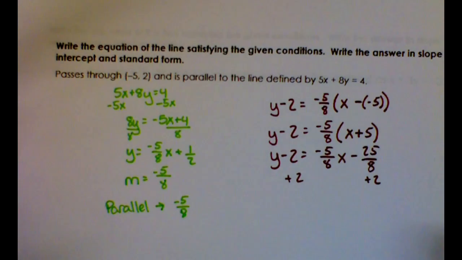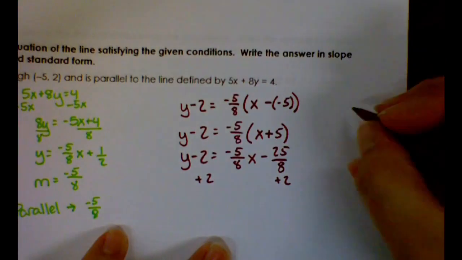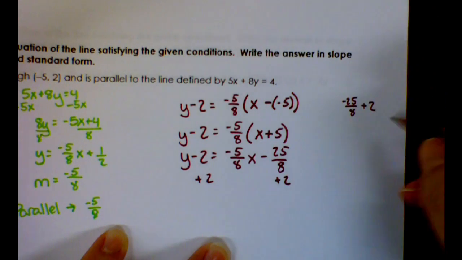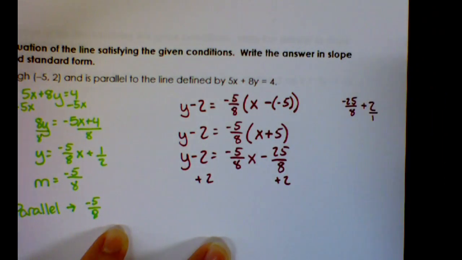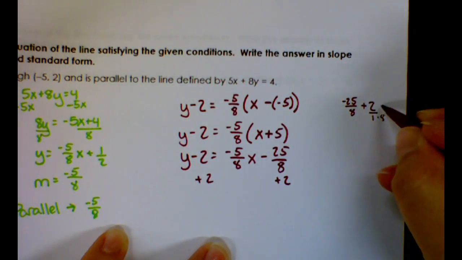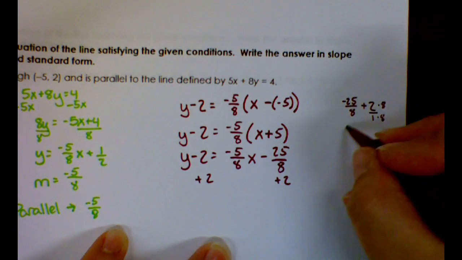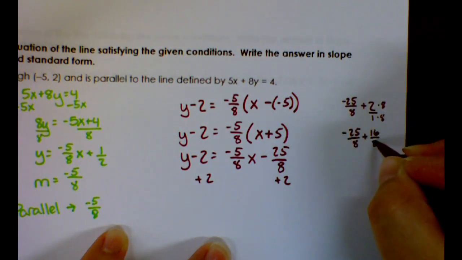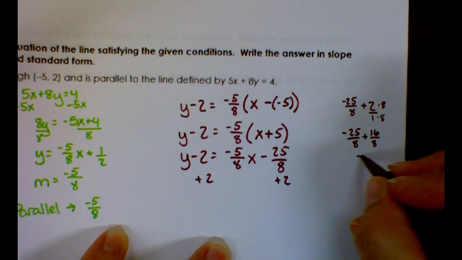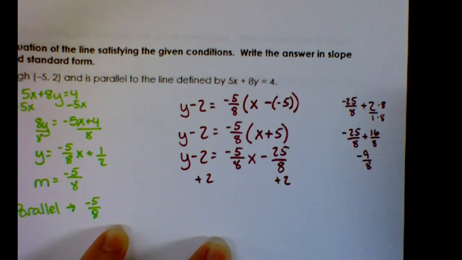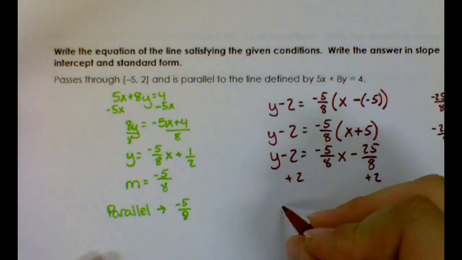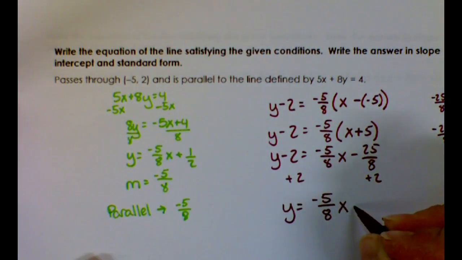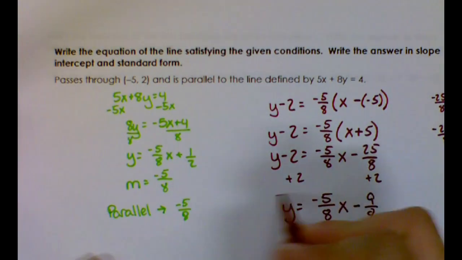And off to the side here, I'm going to do a little scratch work. Negative 25/8 plus 2. Remember, that's secretly a 2 over 1. We need a common denominator, so we'll multiply by 8. So negative 25/8 plus 16/8, which makes negative 9/8. There we go. Y equals negative 5/8 x minus 9/8.